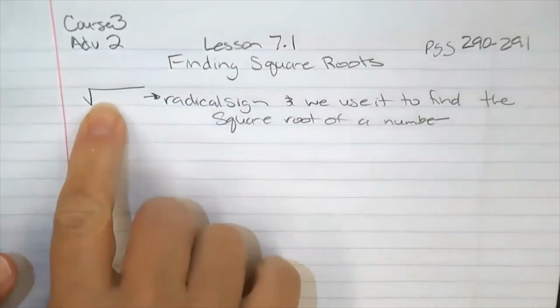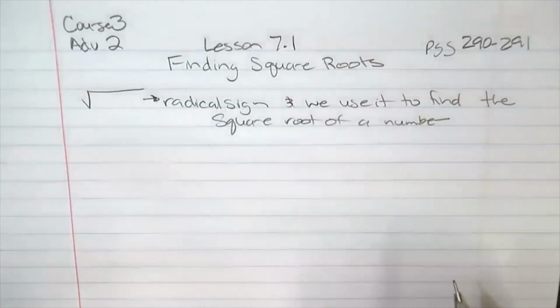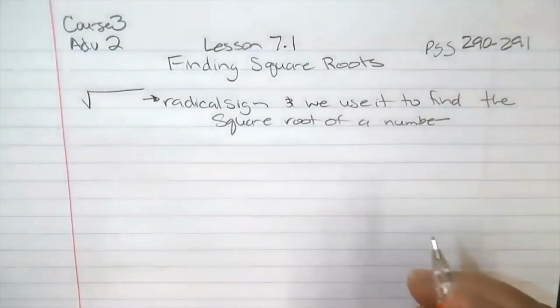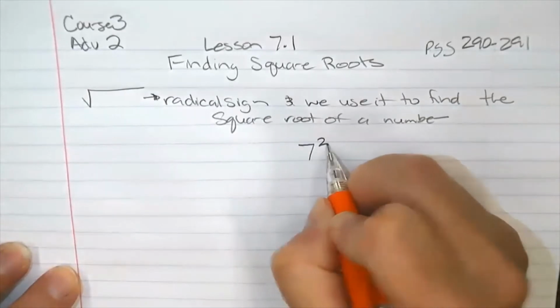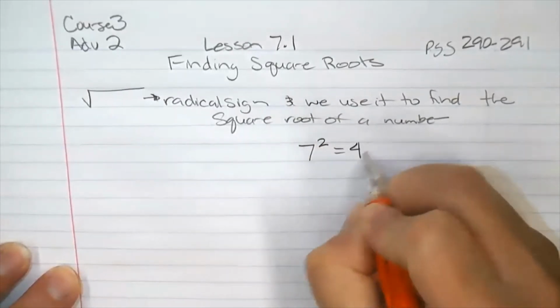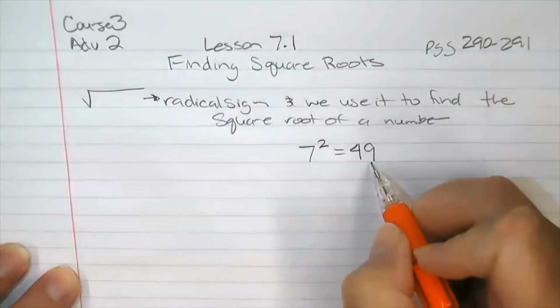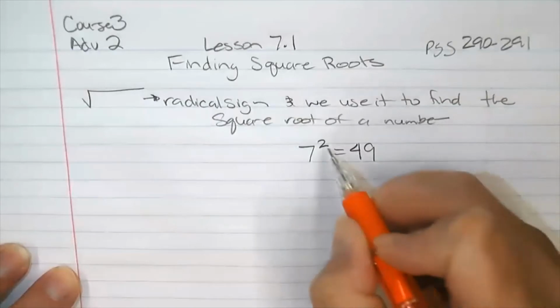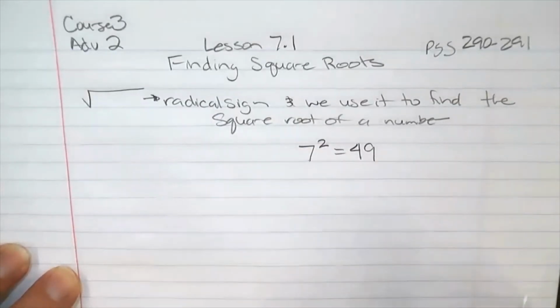The square root of a number: 7 times 7 equals 49. So 49 is a perfect square, and the square root is 7, right? Because 7 times 7 equals 49.